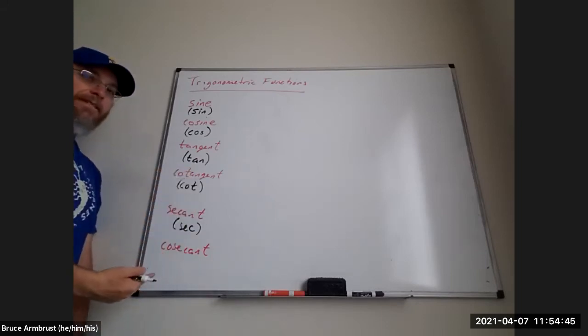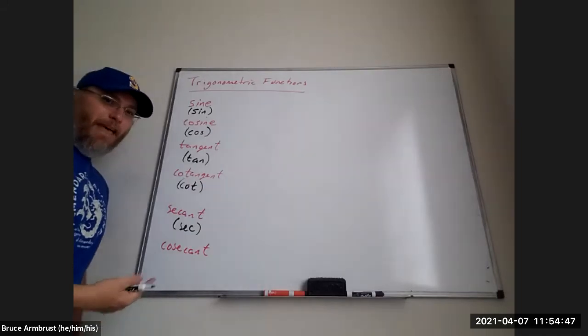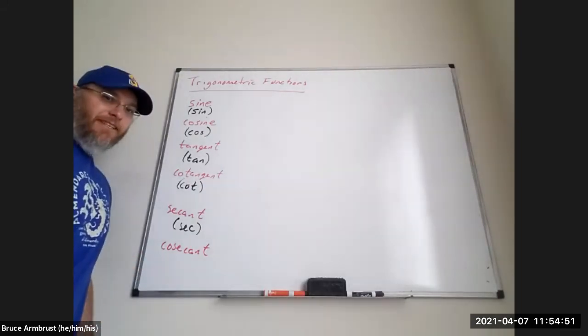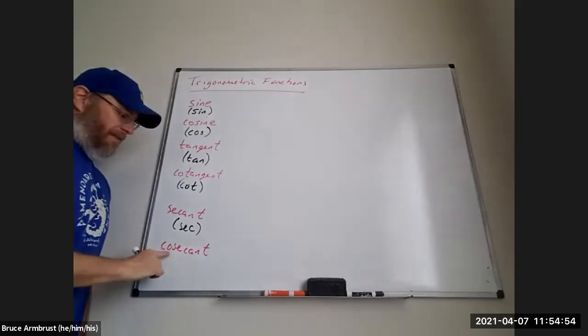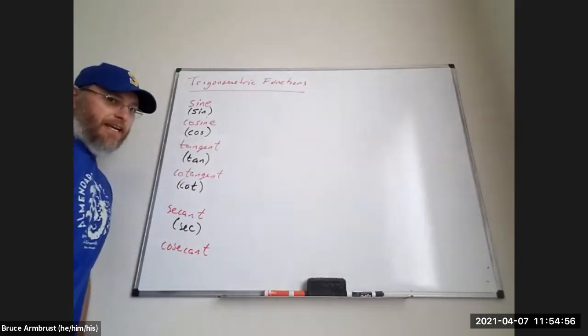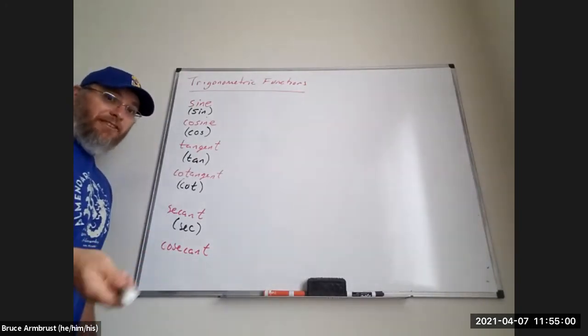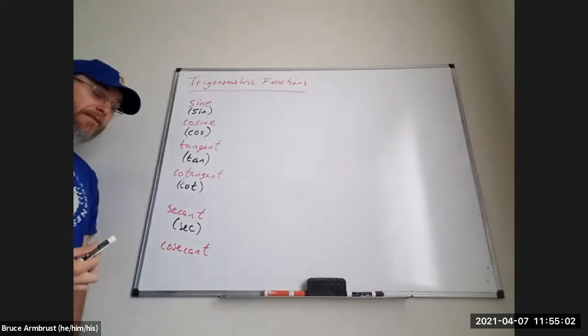But then we run into cosecant. And there's a bit of a problem with this. If we just use the first three letters, COS, well, that's reserved for cosine. So cosecant is the only one that we have to change the abbreviation from being the first three letters.